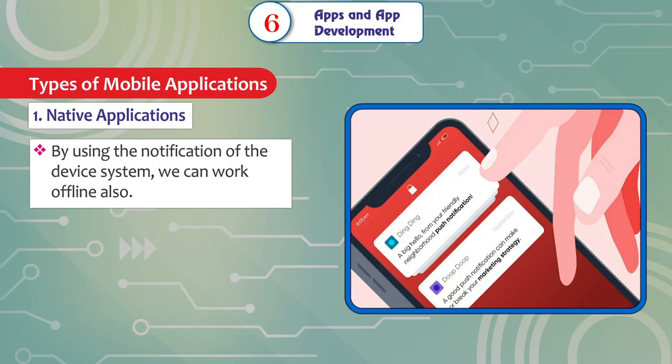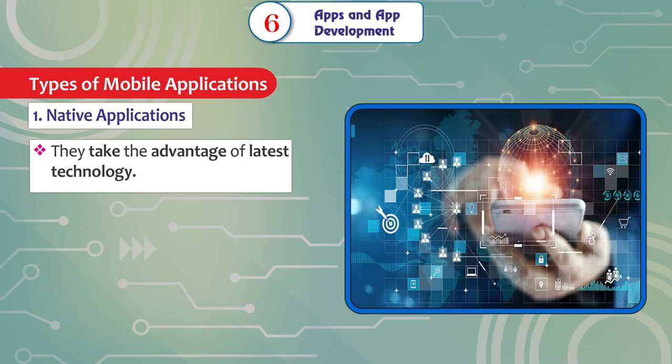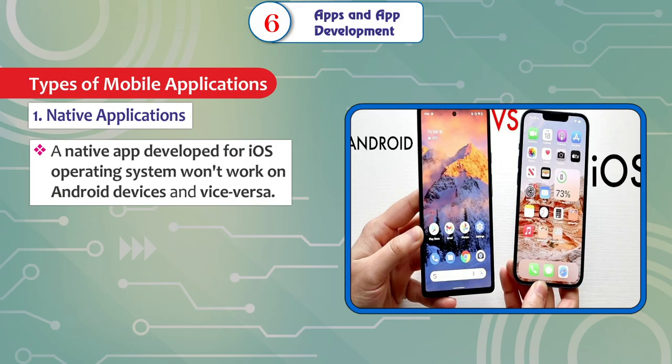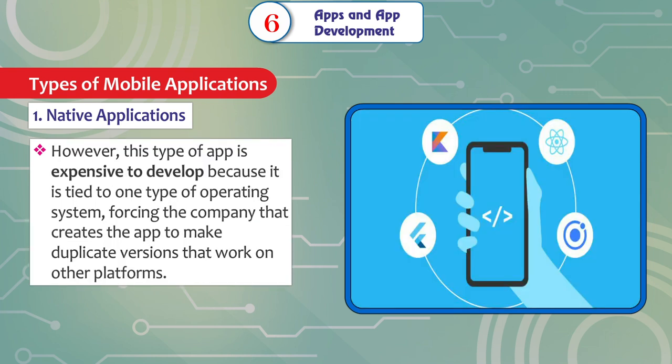By using the notifications of the device system, we can work offline also. They take advantage of the latest technology. A native app developed for the iOS operating system won't work on Android devices and vice versa.